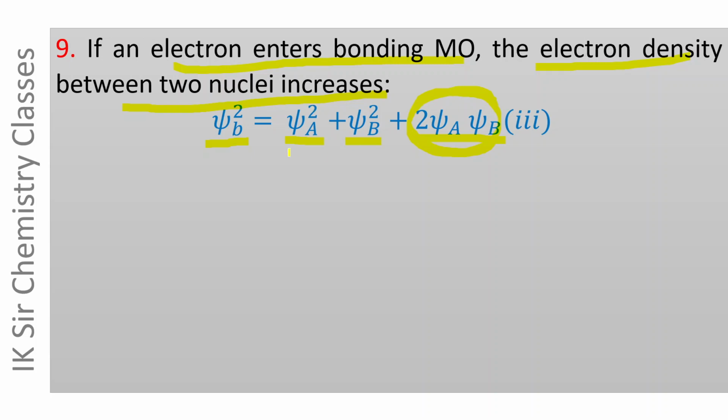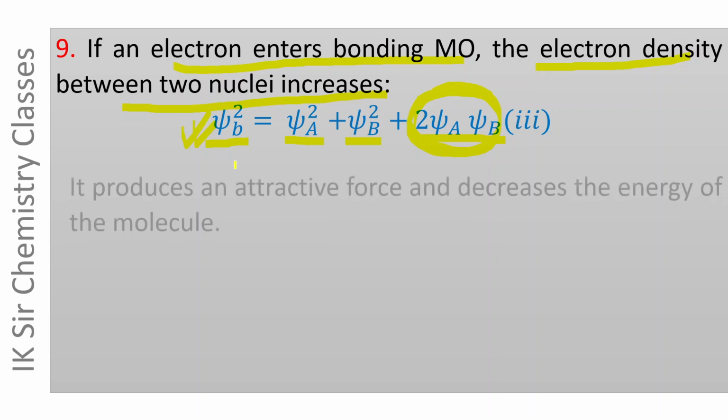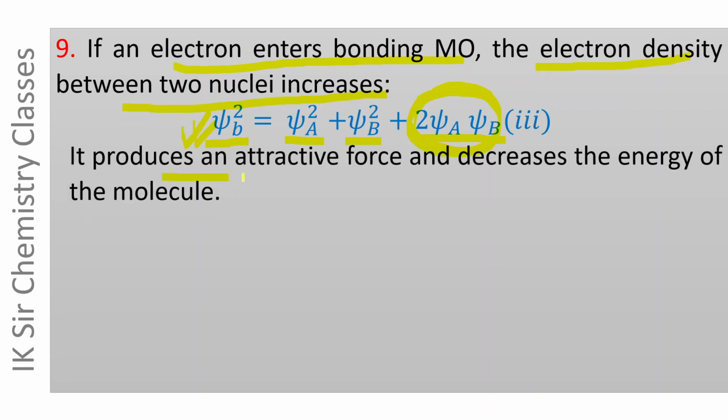If an electron enters bonding molecular orbital, the electron density between two nuclei increases by this amount. It produces an attractive force between the nuclei and decreases the energy of the molecule.